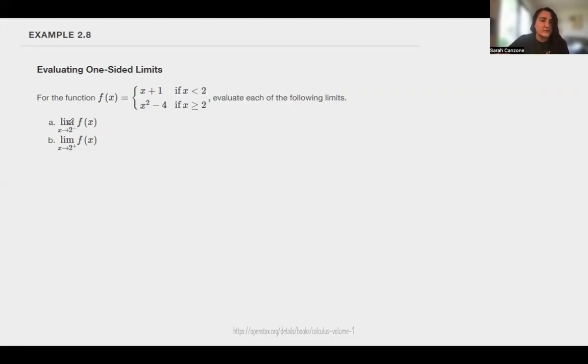So if we're looking at 2 from the left, then maybe I want to plug in a number like 1.999. That seems like a valid point, right? So where would 1.999 fall? Well, that is less than 2, so that falls into this first equation. So the limit as x approaches 2 from the left of f of x is, let's use 1.999 plus 1, which is 2.999.